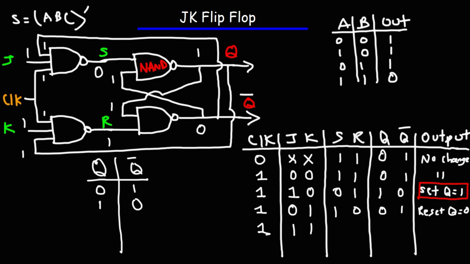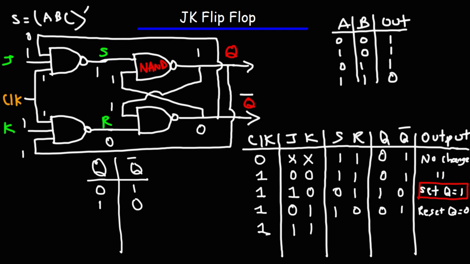And Q bar is 0, so this input here is now 0. So that's going to affect the values of R and S. The K NAND gate is activated. We got 3 1s. That's going to change R to 0. And S is going to change to 1 because it's now deactivated with this 0 here.